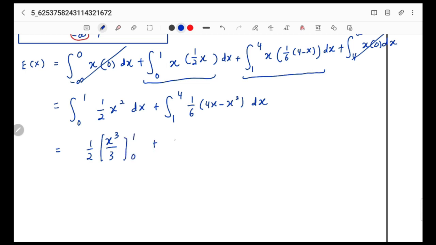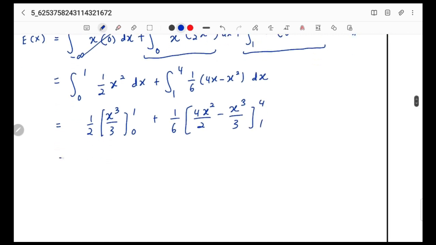Grab the value 1 over 6, integrate, put up the value, and then substitute.